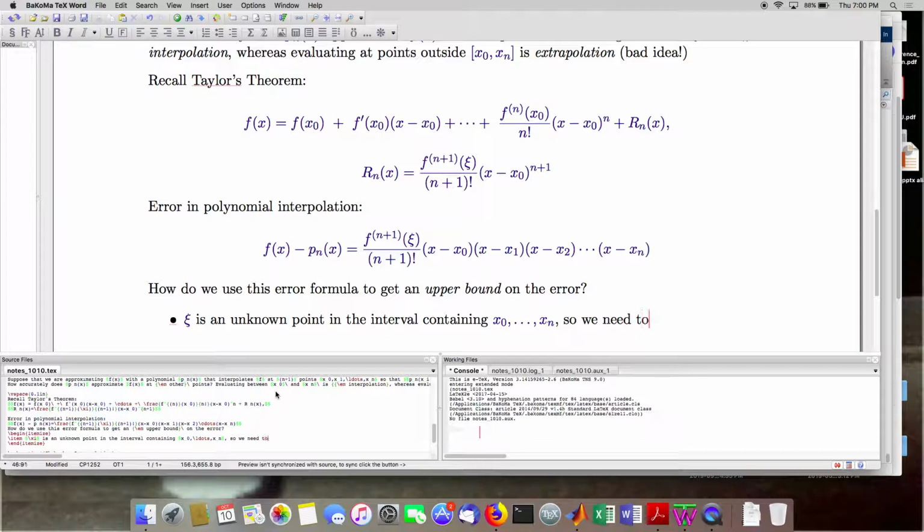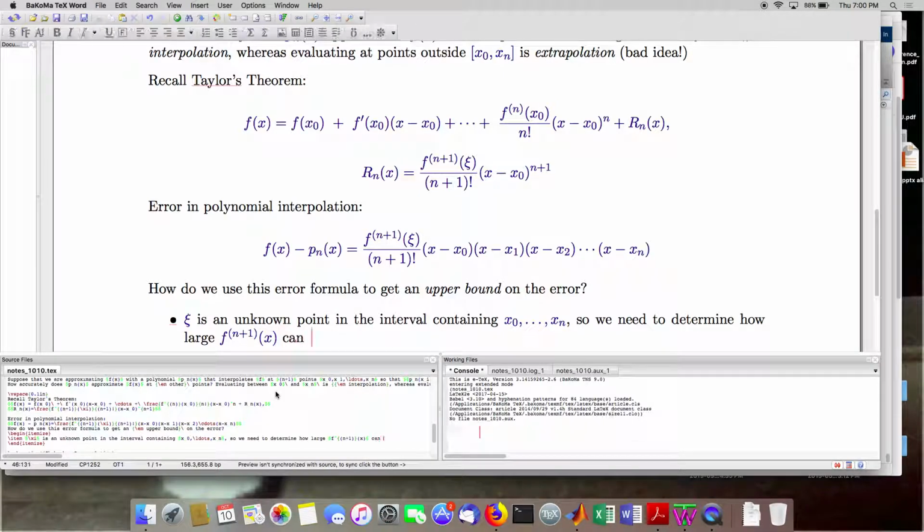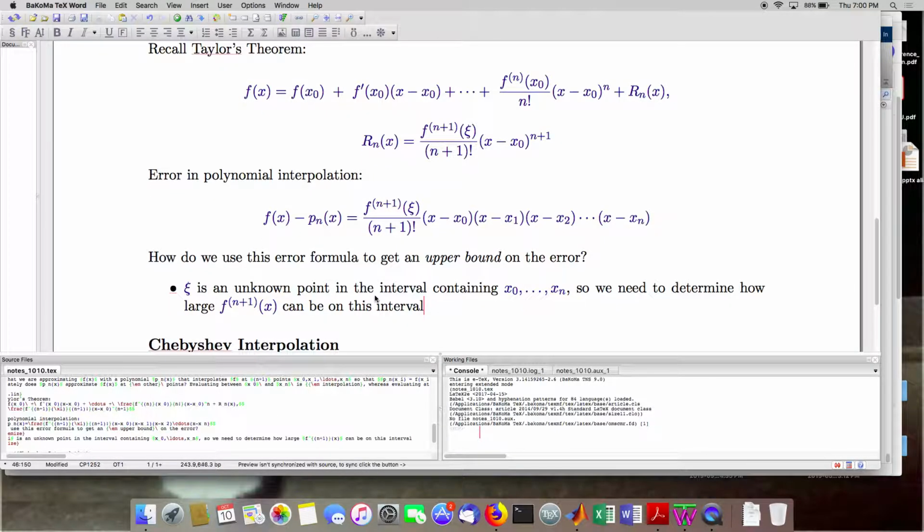So we need to determine how large this n plus first derivative can be on this interval, containing all of those points. Now, in some cases, that's not hard to determine. For instance, suppose there was the exponential. Well, the exponential is an increasing function. So if these are the points in increasing order, I'll just plug the last one in, and that's an upper bound on that derivative.